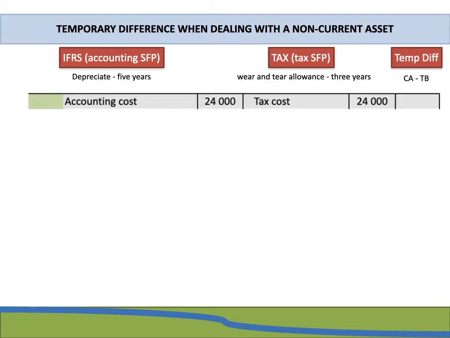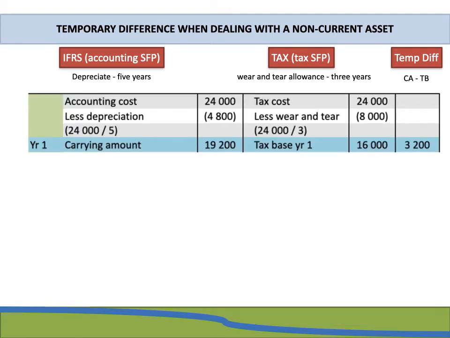So if we have a look at our first year, we see that the carrying amount for accounting purposes is 19,200. Our tax base for tax purposes is 16,000 Rand, and this gives us a temporary difference of 3,200.